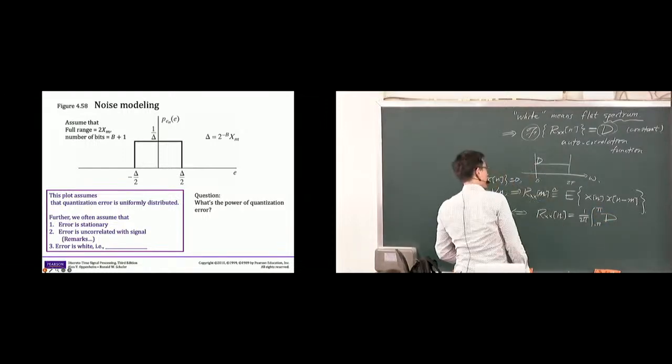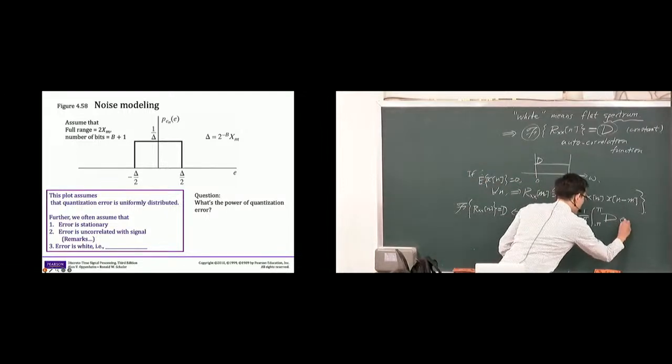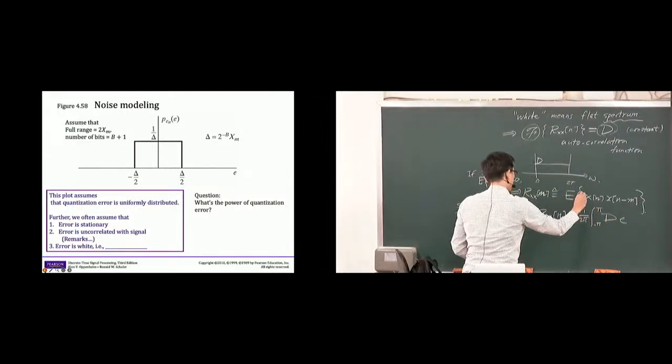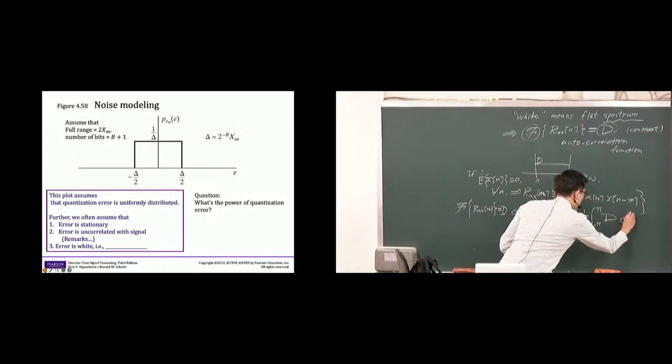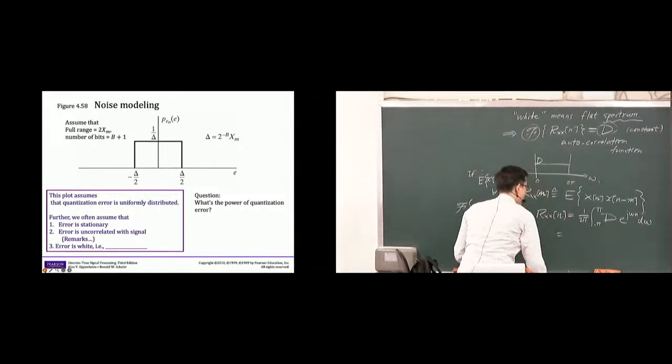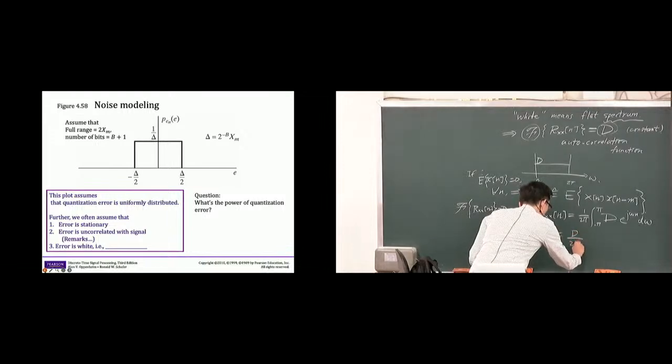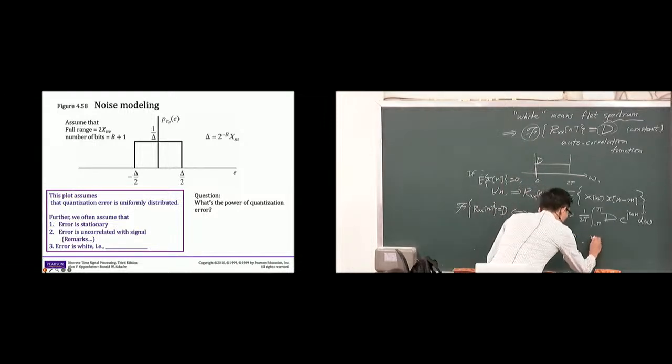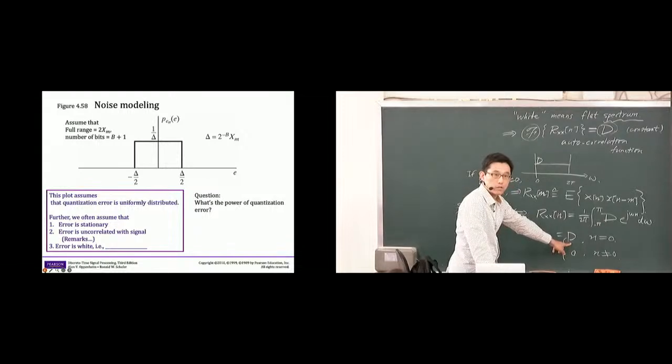This is the spectrum, e to the j omega n, d omega, right? So for any n that's not equal to 0, the result is 0. So the result is d when n is 0, and 0 elsewhere. Okay? So this becomes the result that is useful.